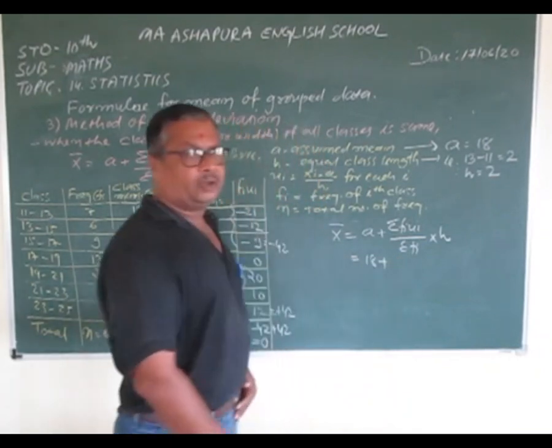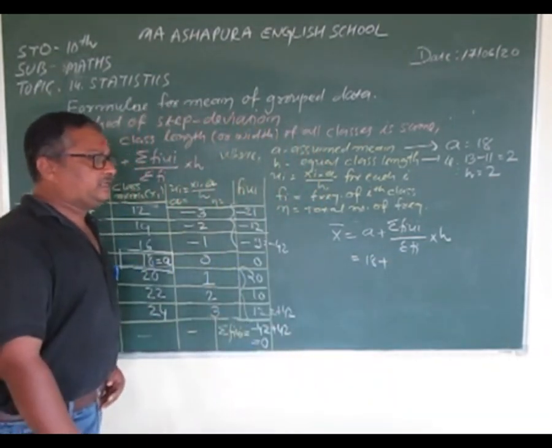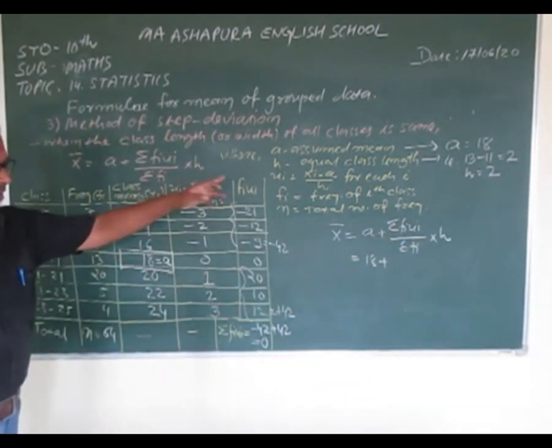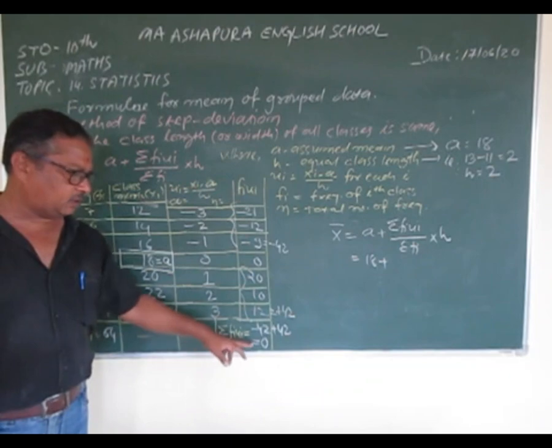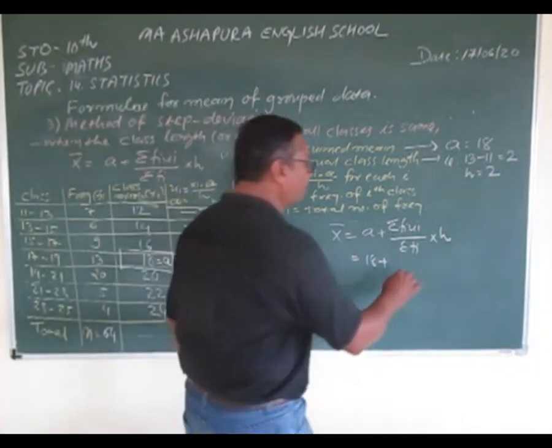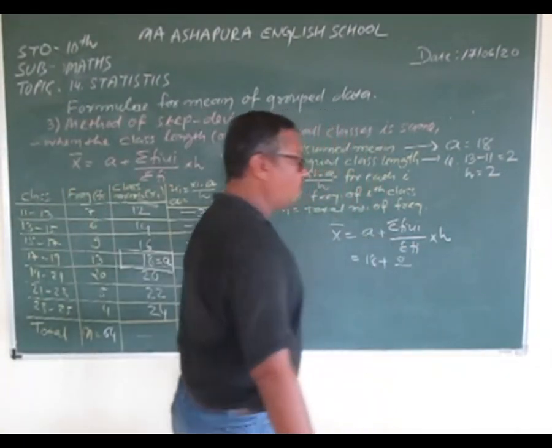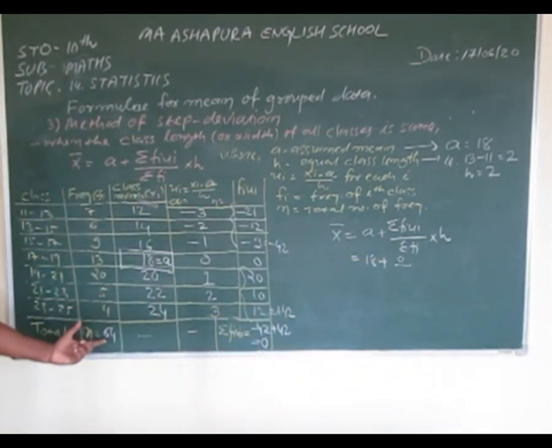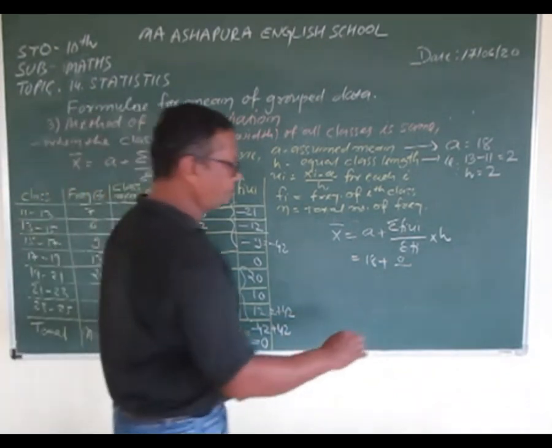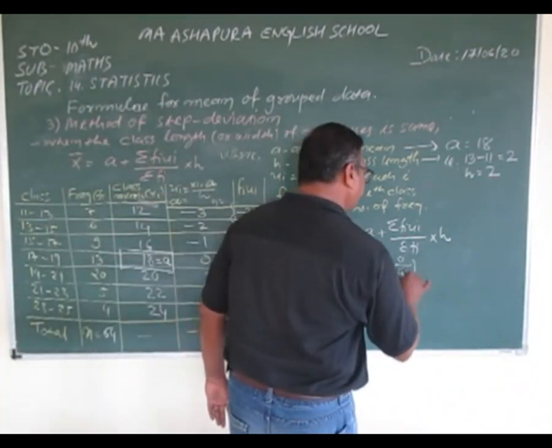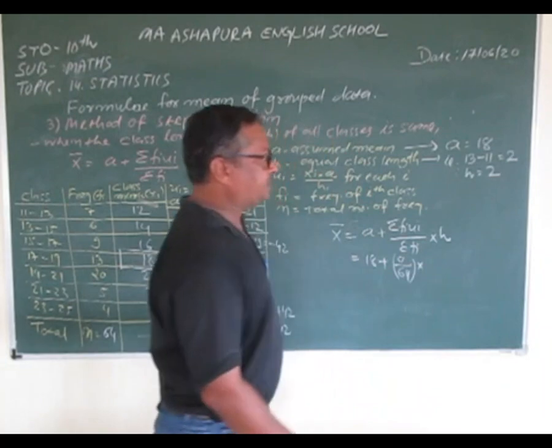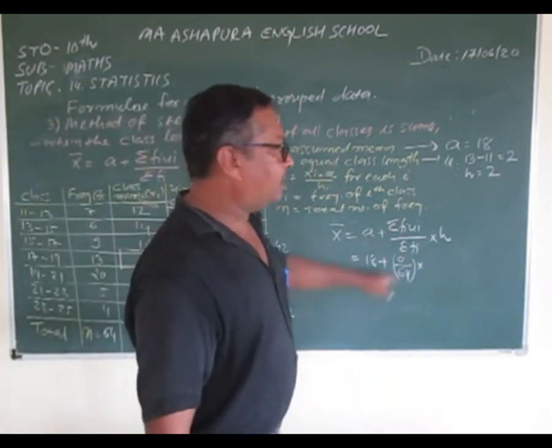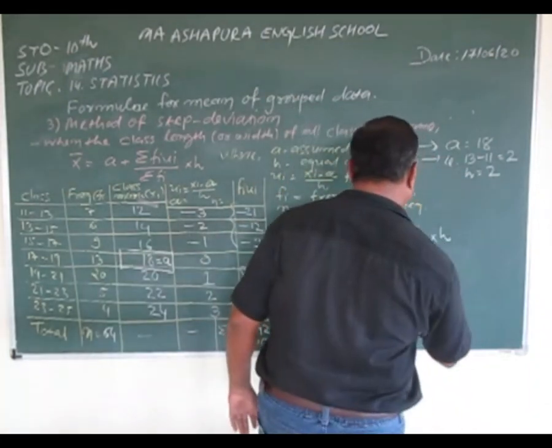So substitute the values in the formula. Sigma fiui from table column number 5, the sum of fiui is equal to 0. Now sigma fi from column number 2, the sum of the frequencies is 64. And the last one, h. h means equal class length. Here h is equal to 2.